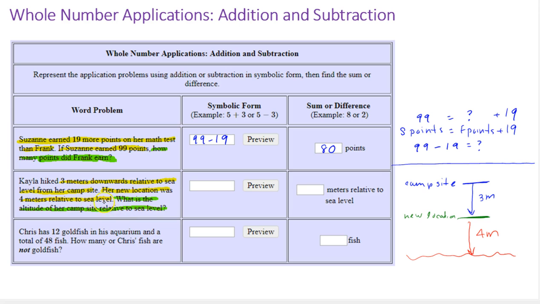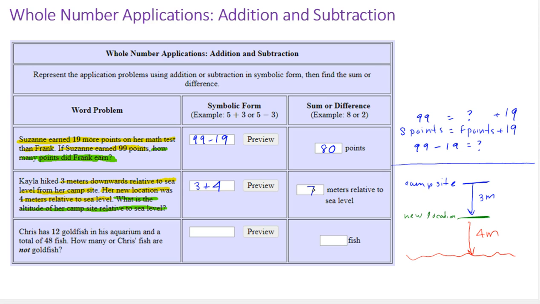So it asks, what is the altitude of her campsite relative to sea level? So here's her campsite. So notice here's sea level, so we would go up 4 and up another 3 to find what her campsite is relative to sea level. So here, this is actually an addition problem. 3 plus 4 meters, or 7 meters relative to sea level.